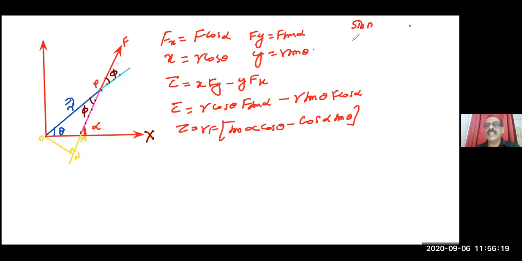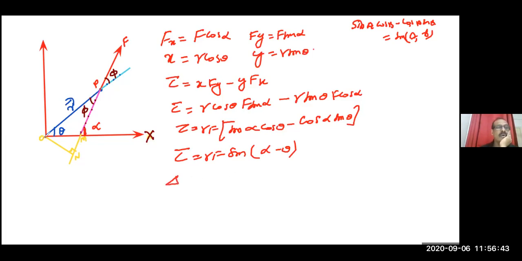Sin A cos B minus cos A sin B is equal to sin of A minus B. So torque is equal to RF sin of alpha minus theta.